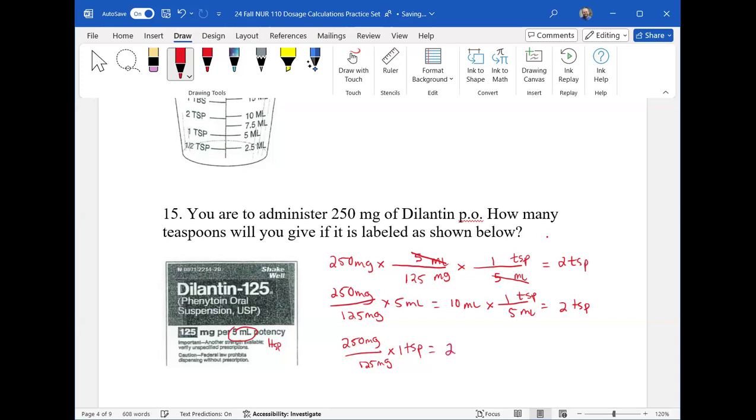And you get 2 teaspoons. So I've seen this question ask how many teaspoons, how many milliliters. Sometimes it'll say 250 milligrams Dilantin BID, and it might say how many teaspoons would they receive in a day, how many teaspoons would they receive per dose. So just make sure you're reading the question when you get to these questions here.